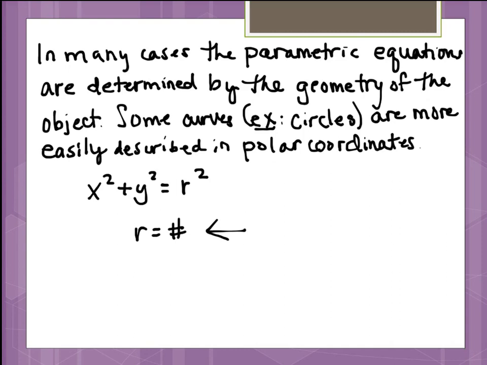That is, we're going to start with a rectangular equation, and we're going to write it into parametric form, which we've done before, but we're going to do this with slightly different equations than we did before.